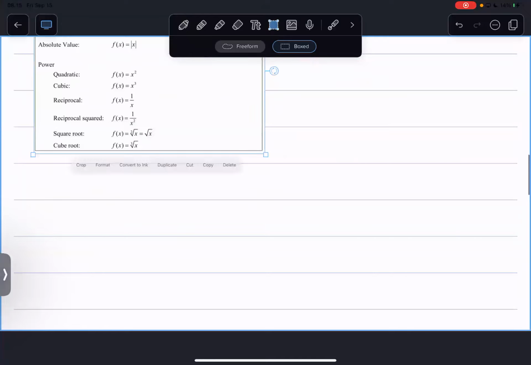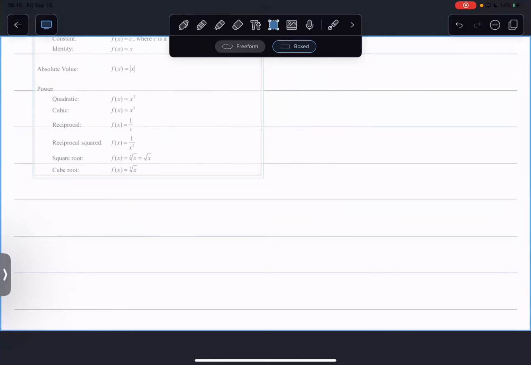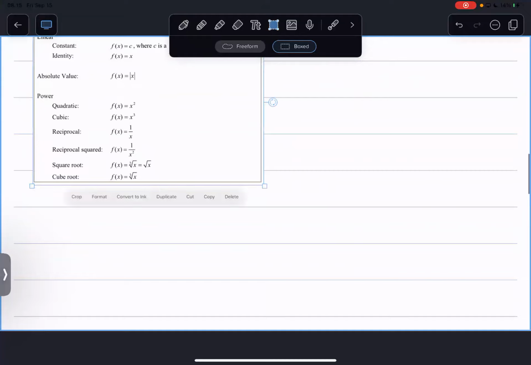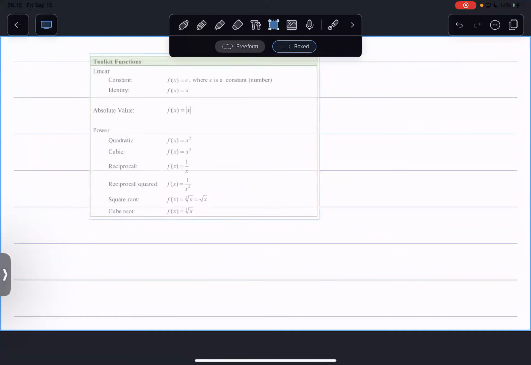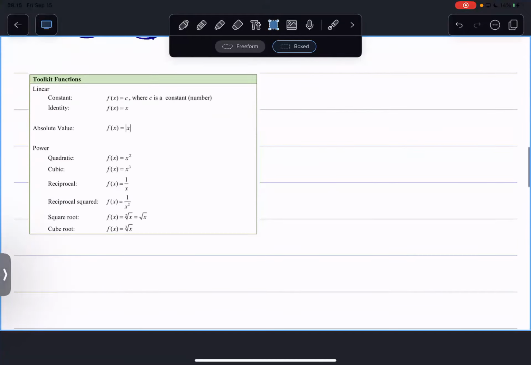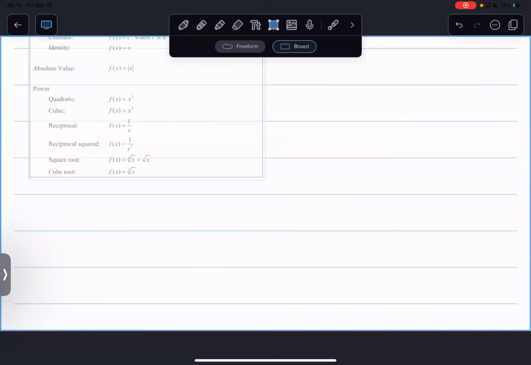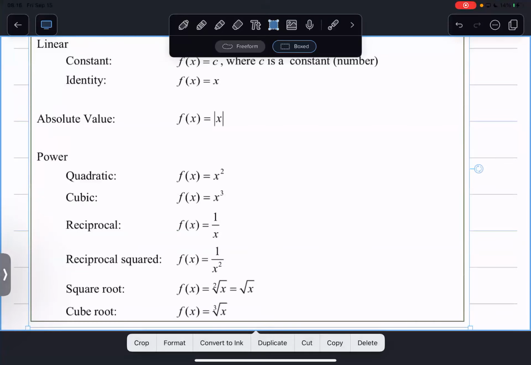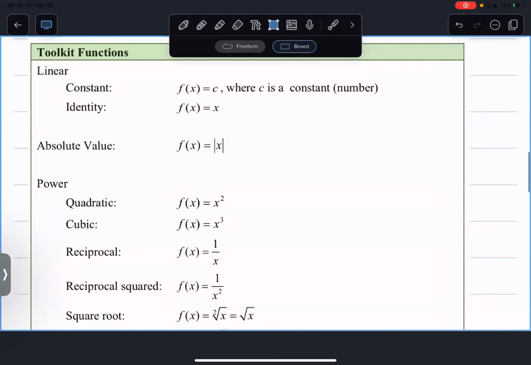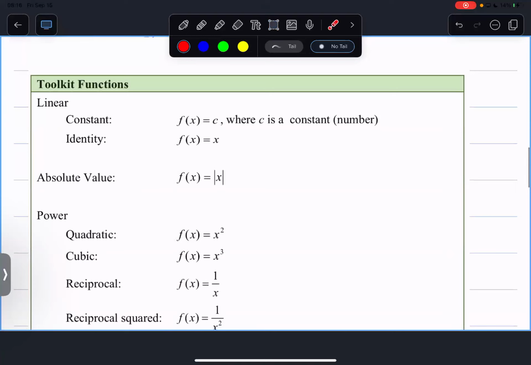I want to make it bigger. Oh, sorry guys. Got it. Okay. Phew.